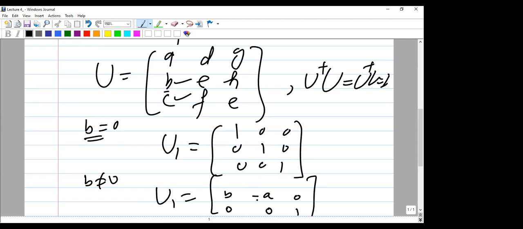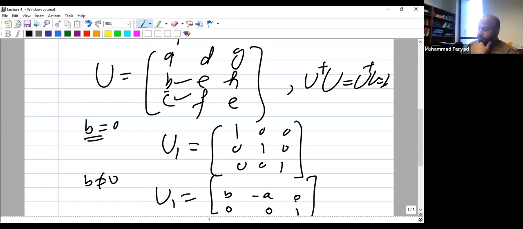So now, if the middle row is like this, then to keep it a unitary matrix, I will have to have a top row like this, let's say this is an A star and this is B star, so that U1 U dagger is identity. But actually we need more than that.